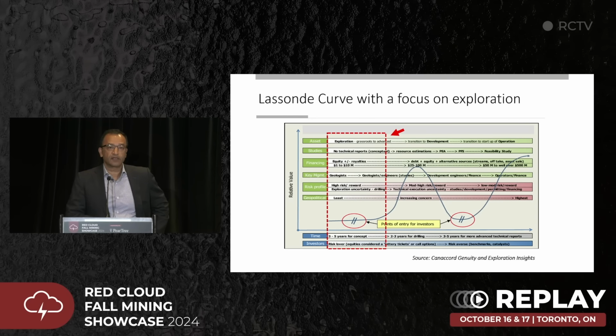But the risk profile is very high risk, high reward. This is your multiple bagger. But a lot of that risk, what we want to take is the uncertainty on the drill bit. We don't want to take the uncertainty on the management. We don't want to take the uncertainty on the jurisdiction if we can avoid it. But probably in terms of geopolitical risk, this has the least, because we're putting up the least amount of money.